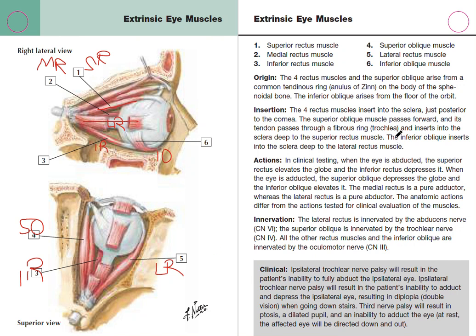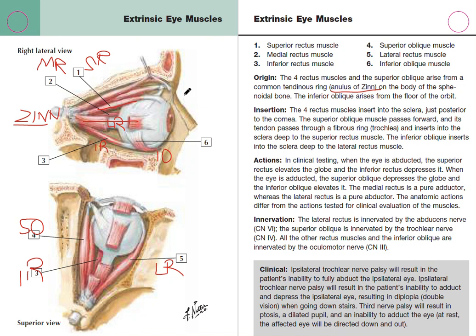The origin, the 4 rectus muscles and the superior oblique arise from a common tendinous ring, which is the annulus of Zinn, which is on the body of the sphenoidal bone. The inferior oblique, on the other hand, arises from the floor of the orbit.